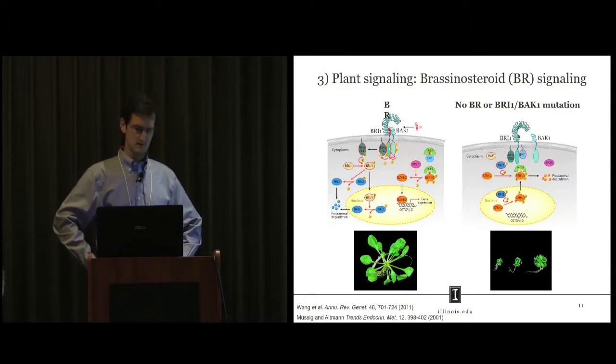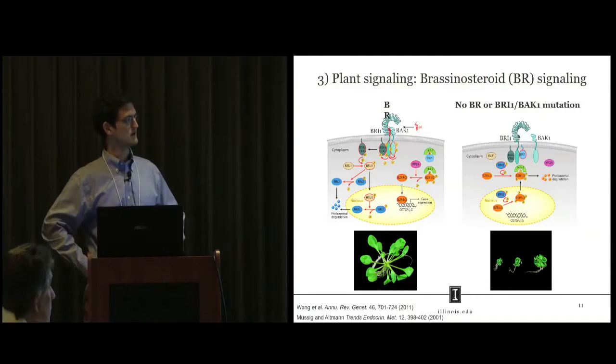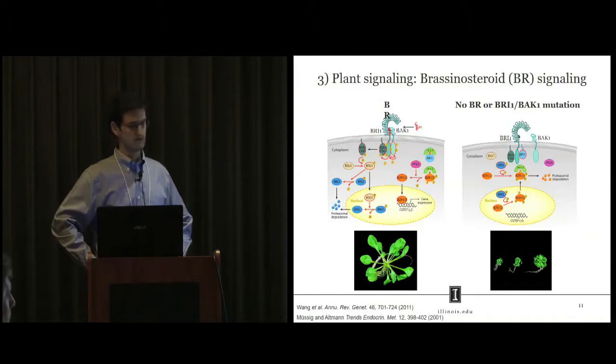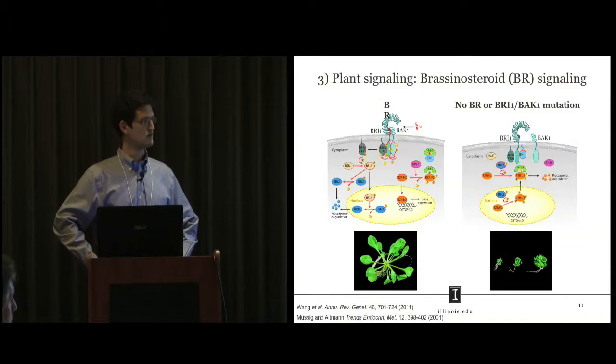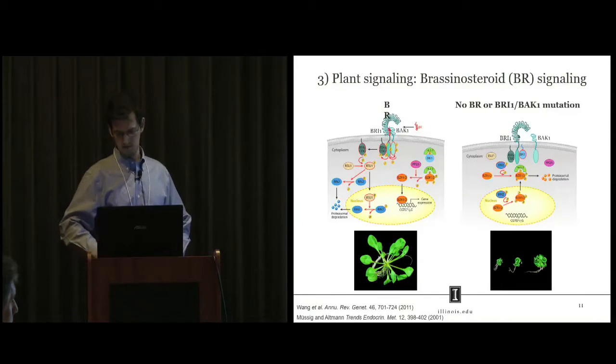And when there's no brassinosteroid present, or there's something wrong with the network, there's no growth signaling, and you get a dwarf phenotype, as shown on the bottom right.